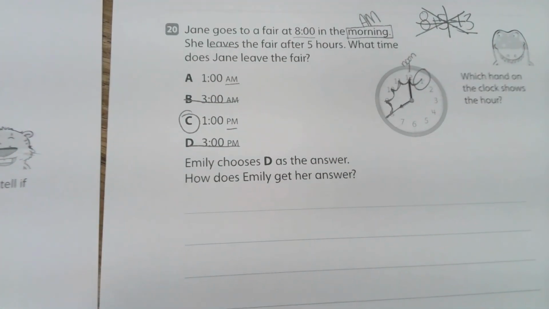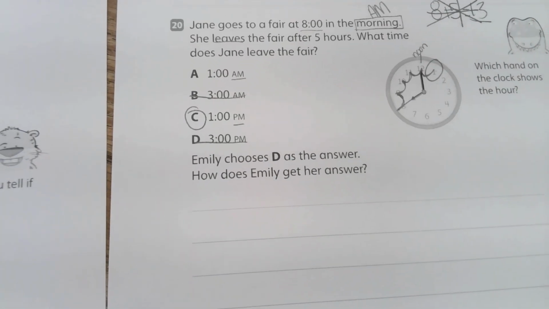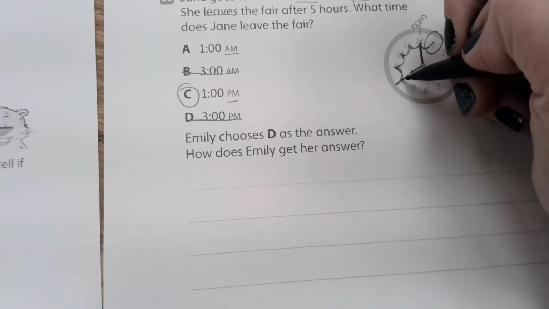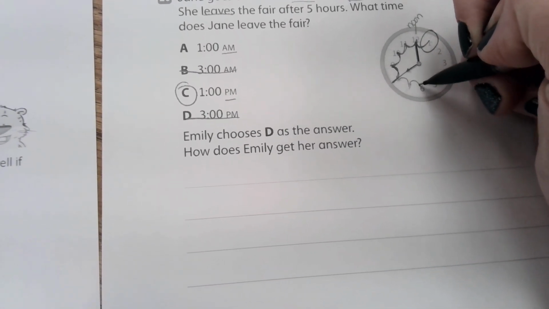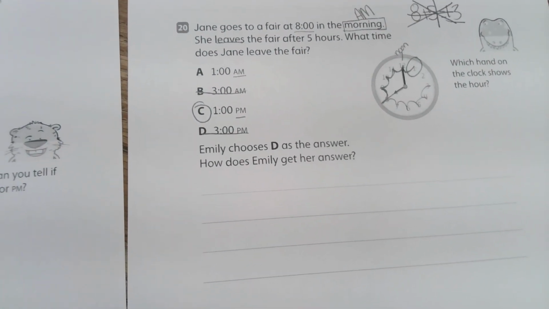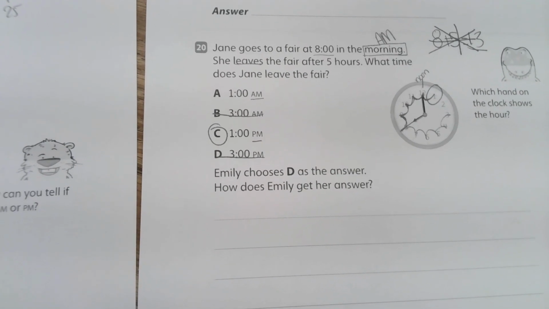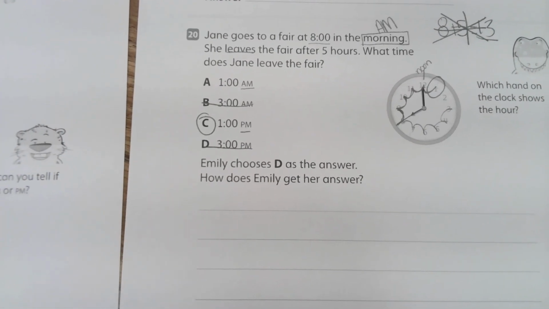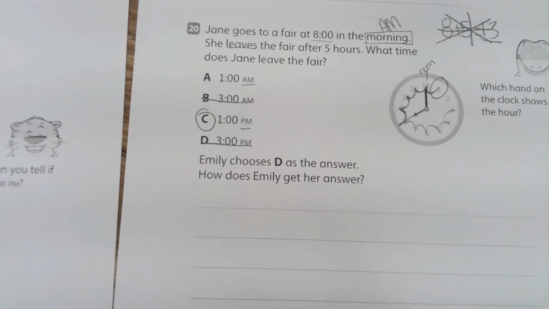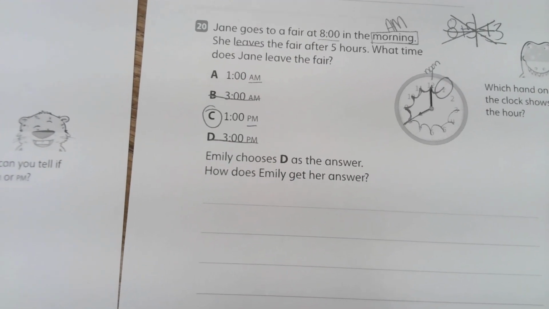So this says Emily chose D as the answer. How did Emily get her answer? Well, it's pretty easy if she starts at 8 and she went 1, 2, 3, 4, 5. So Emily accidentally went backwards. She decided that she didn't read her question all the way and she thinks the hour hand goes backwards.